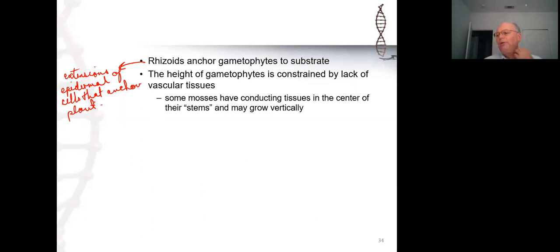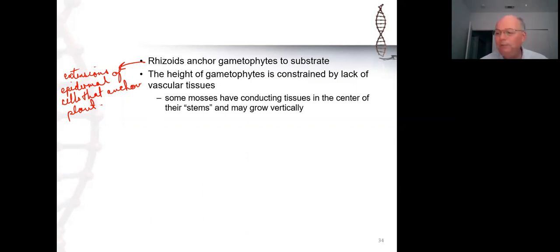So these are primarily used to anchor the plant. They're not used very much for taking up water and minerals. That is more the function of the fungi that are working in conjunction or living in symbiosis with these plants.